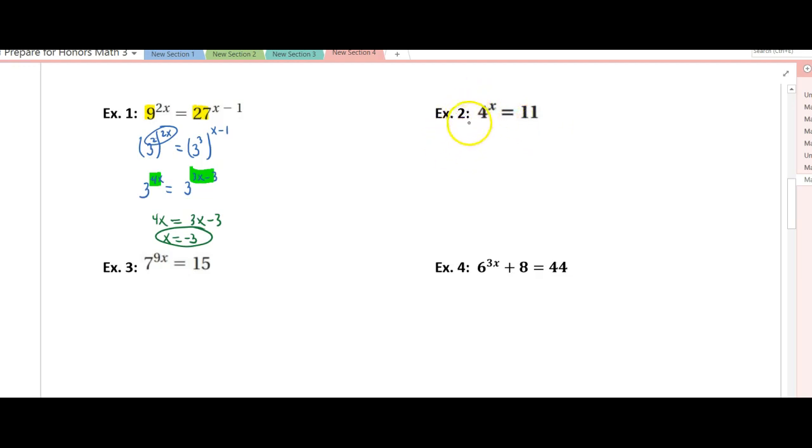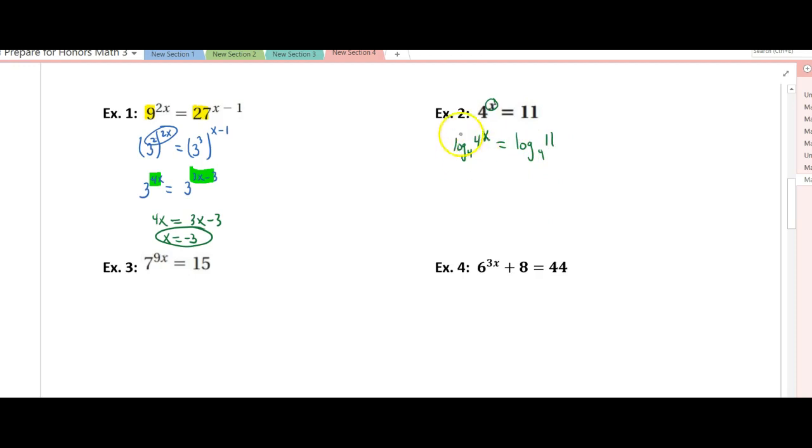The first method is I could get x down by taking the log base 4 of 4 to the x equals what I do to one side, I do to the other side. I would take log base 4 of 11.